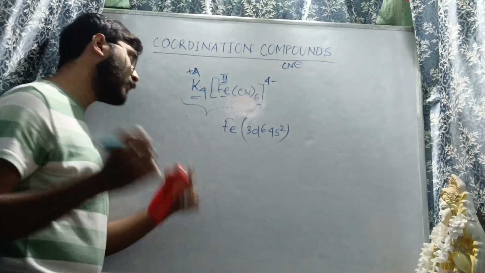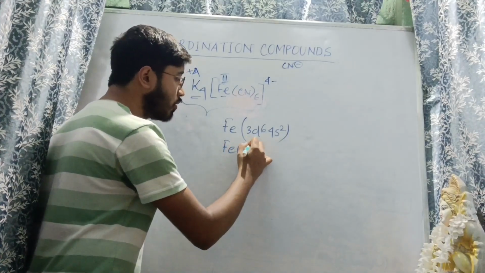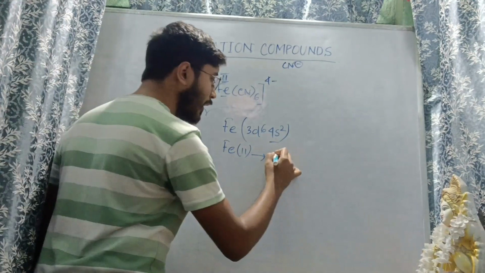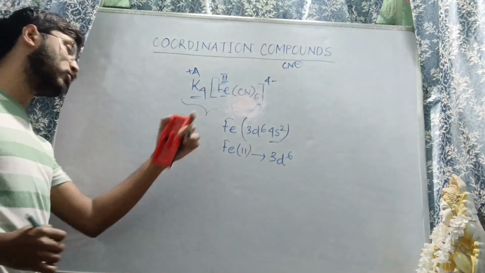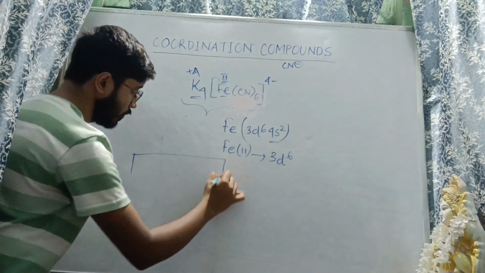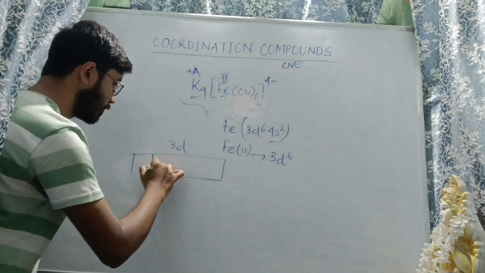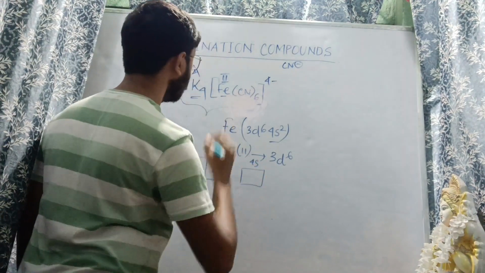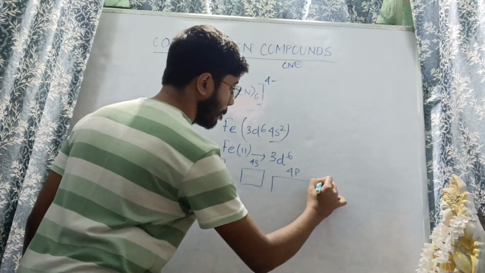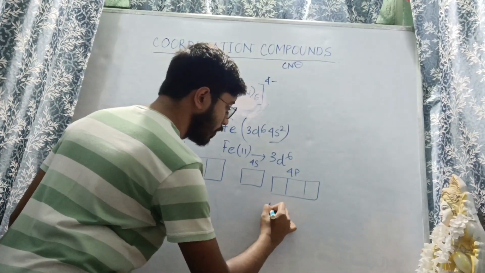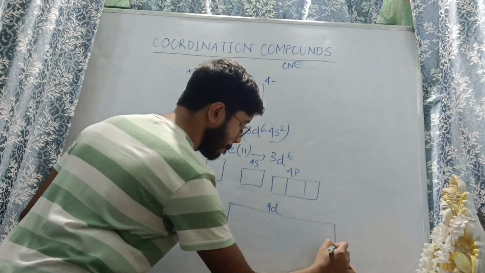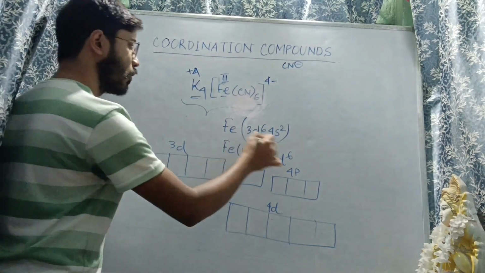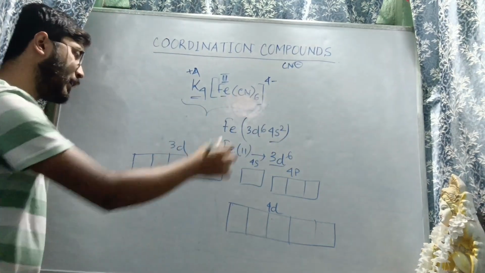And here iron is present in +2, so 2 electrons are removed from the outermost orbital, that is 4s, and the electronic configuration is 3d6 for Fe2+. So we draw 3d, 4s, 4p and 4d. 6 electrons are present in the 3d orbital.